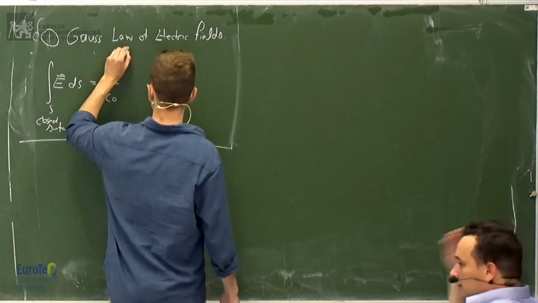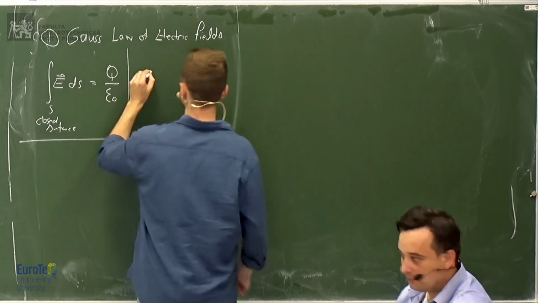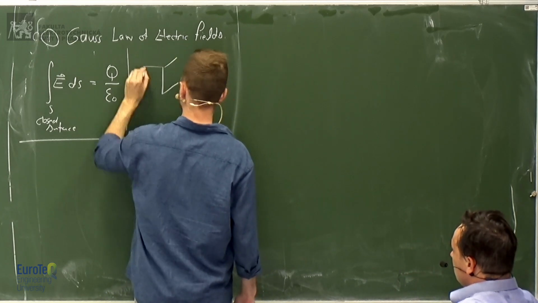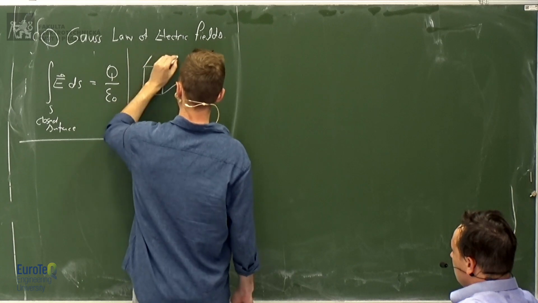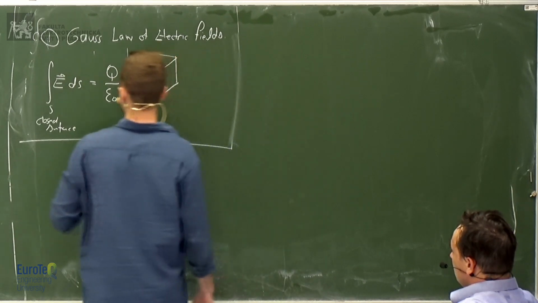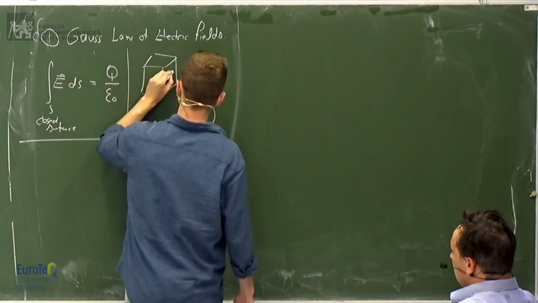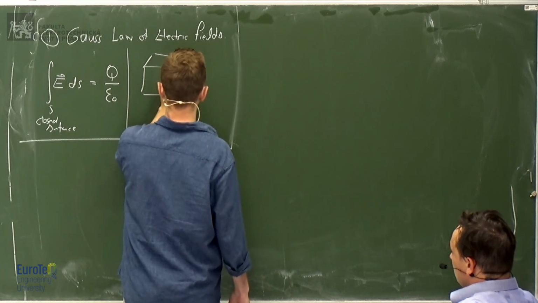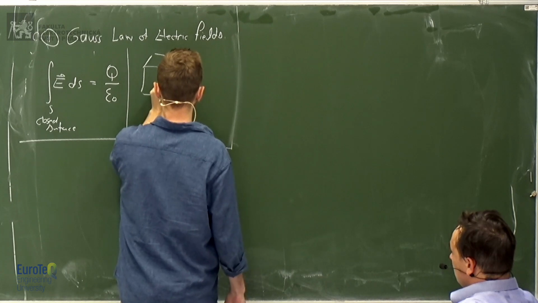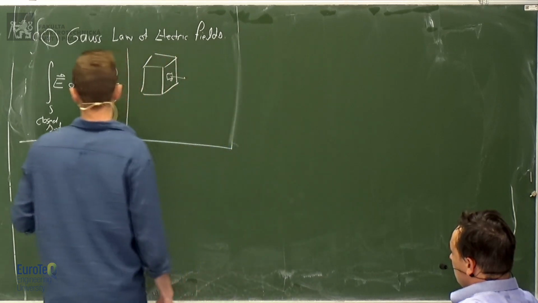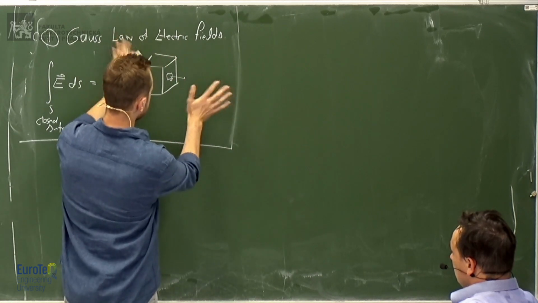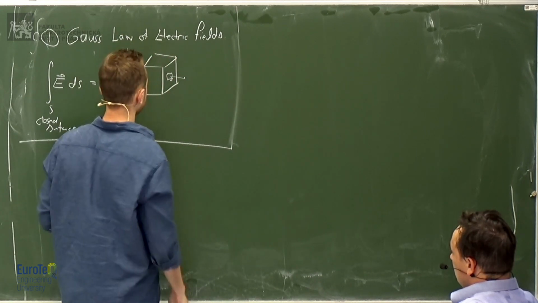So in a visual perspective, imagine we have a cube. Okay. And the dS is a very small area on that cube that is orthogonal to that surface. We can imagine a bunch of fields radiating out of this cube.